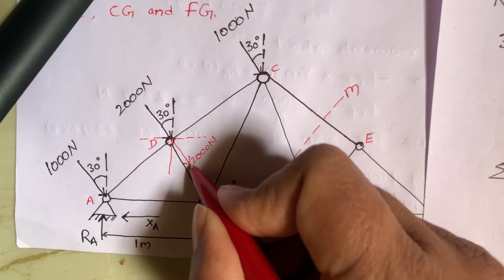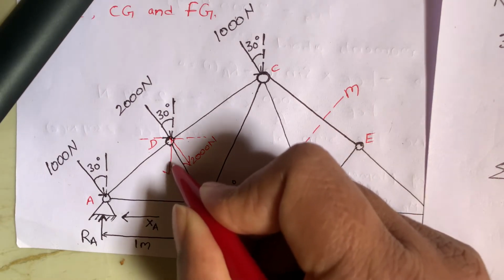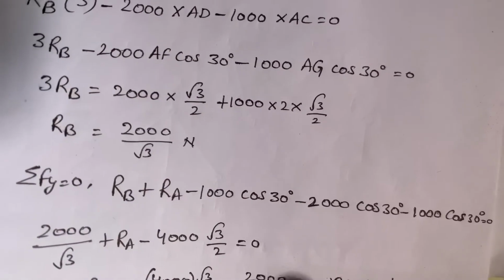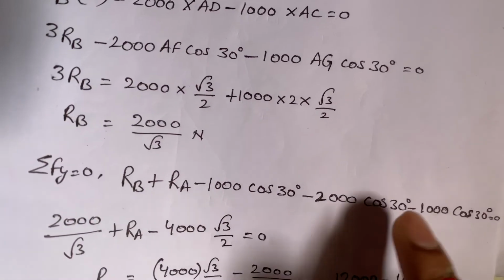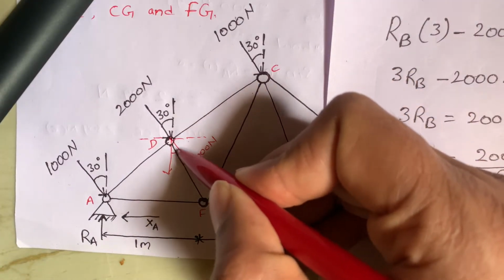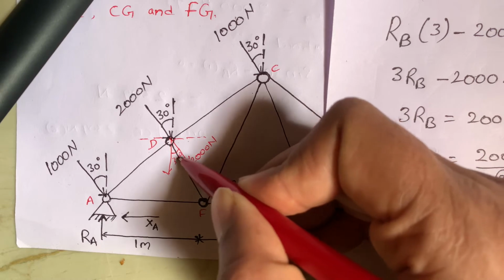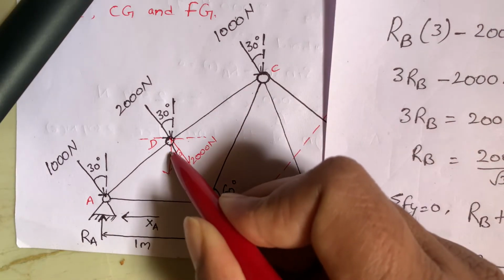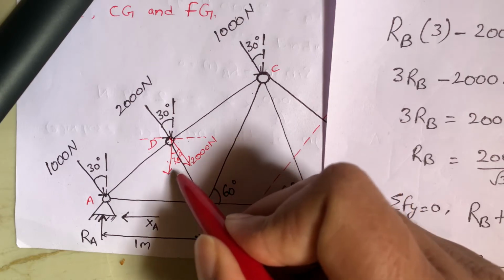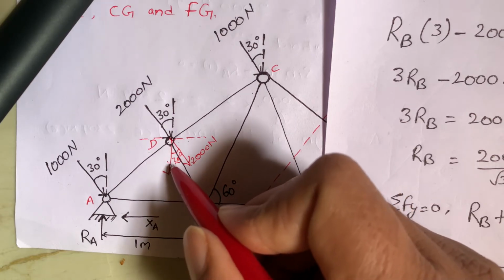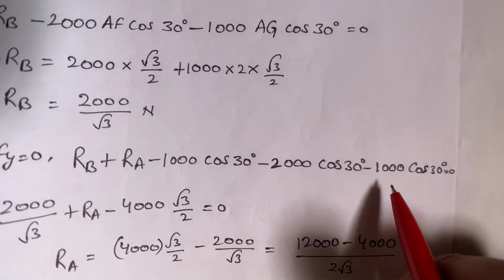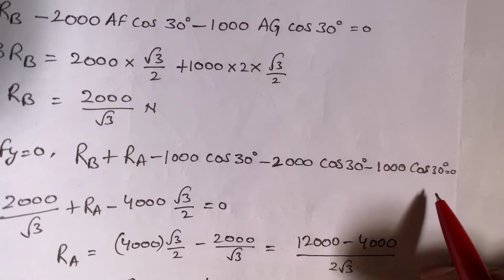If I am resolving this force into this, then it is downward, minus 2000 cos 30. Here opposite angles are always equal, so this is 30, and this angle is adjacent to this side, so I am resolving this force in this direction. That's why it is cos 30. Same in the next case also, 1000 cos 30.